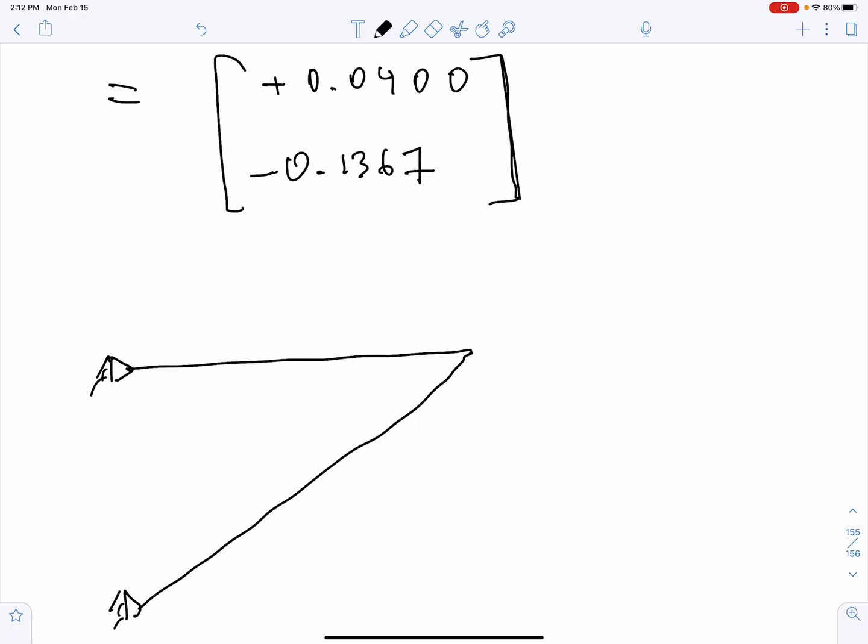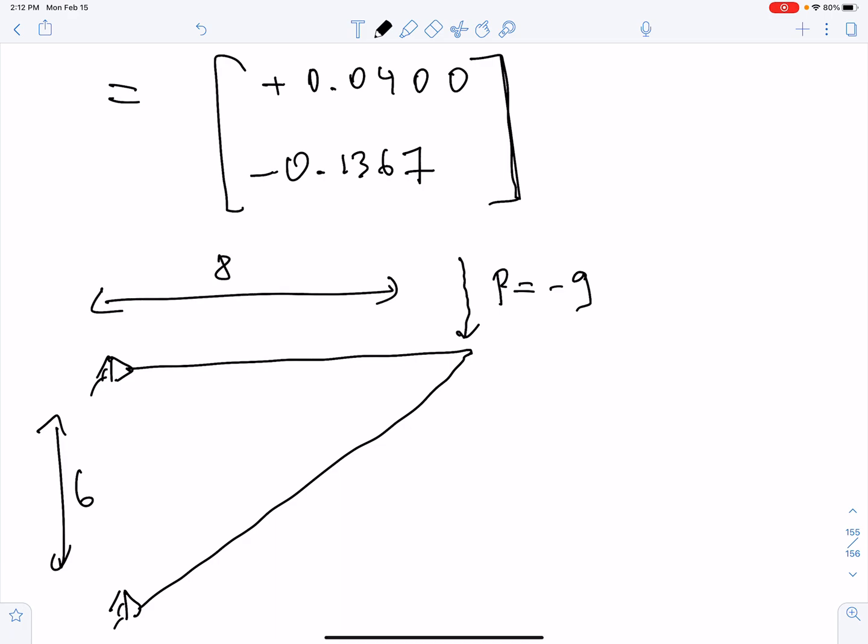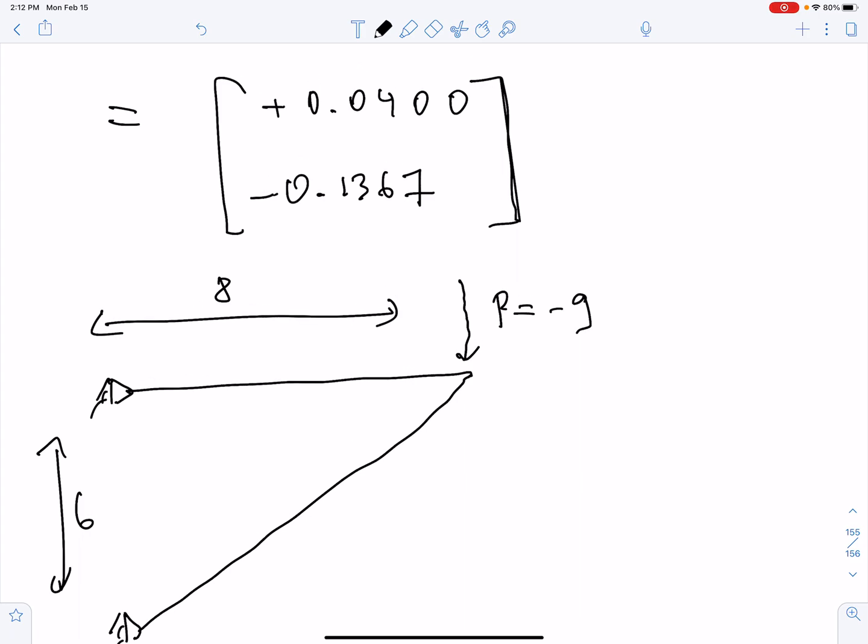So what this analysis tells you is that if this was your undisturbed configuration, and then you applied a force P equals minus 9 to that structure with these given dimensions, and I believe this size was 6 and this size was 8, you would see a fairly small displacement of that node, but let's exaggerate it.